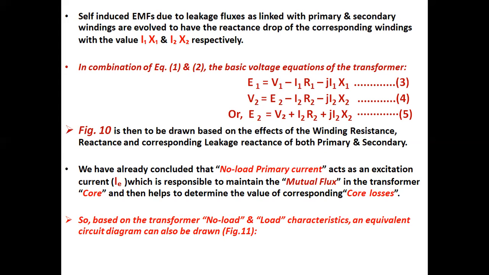We have already concluded that the no load primary current acts as an excitation current IE, which is responsible for maintaining the mutual flux in the transformer core and helps to determine the value of the corresponding core losses. So, based on the transformer no load and load characteristics, an equivalent circuit diagram can also be drawn, that is in figure 11.